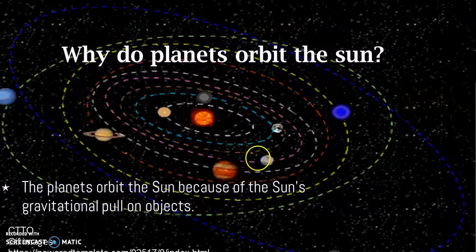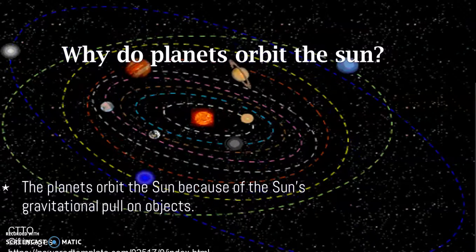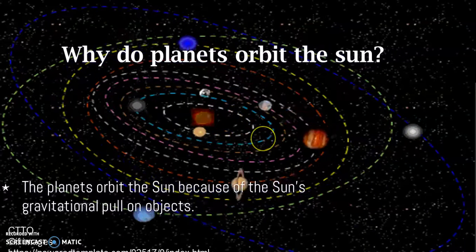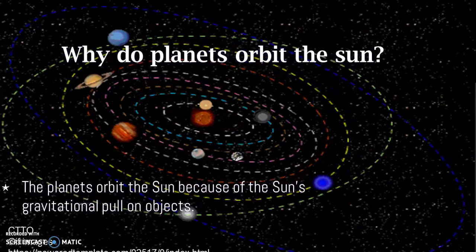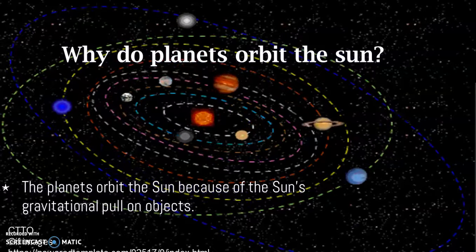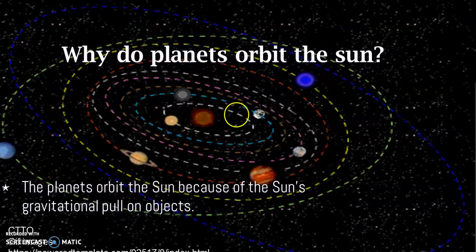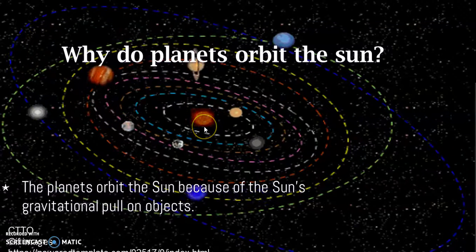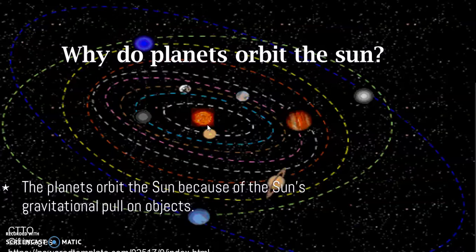Can you imagine if the sun didn't have gravitational pull on each of the planets? Of course, all the planets might float anywhere else in the universe if the sun didn't have any gravitational pull. So the planets orbit the sun because of the sun's gravitational pull on objects.